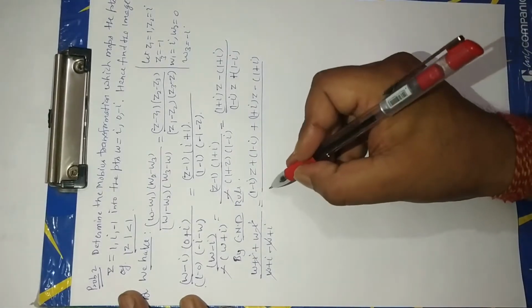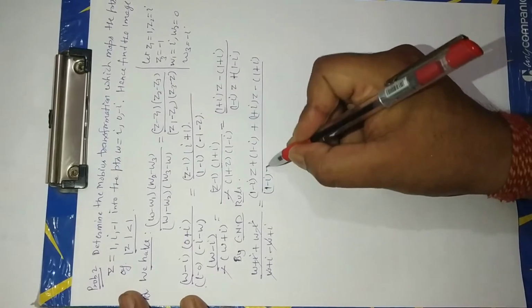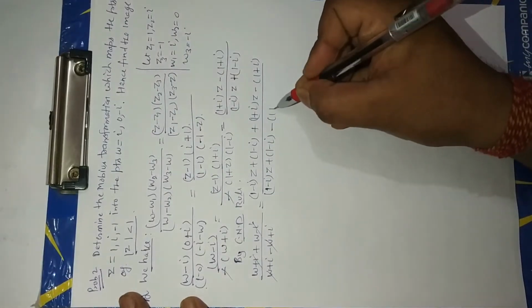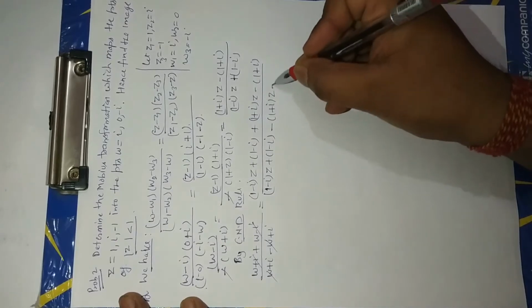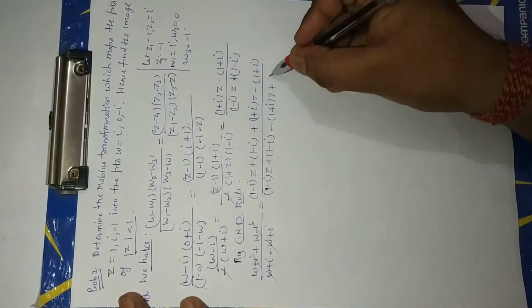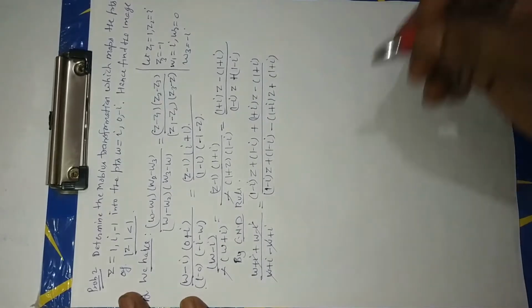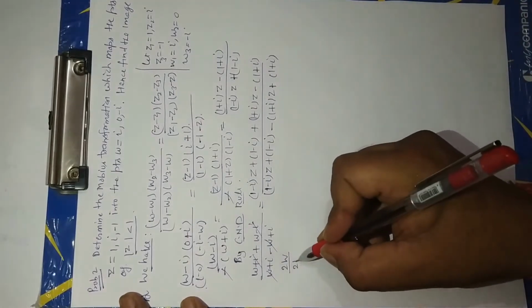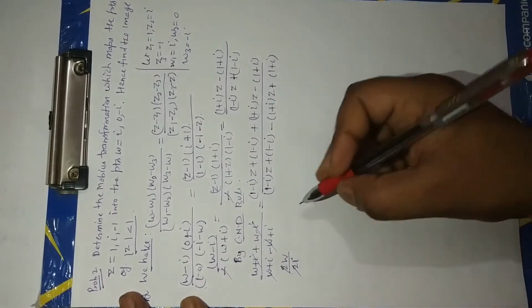Similarly in the denominator, (1 minus i)(z plus 1 minus i) minus (1 plus i)(z minus 1 plus i). Now 2w upon 2i, that is 2 cancels by 2.